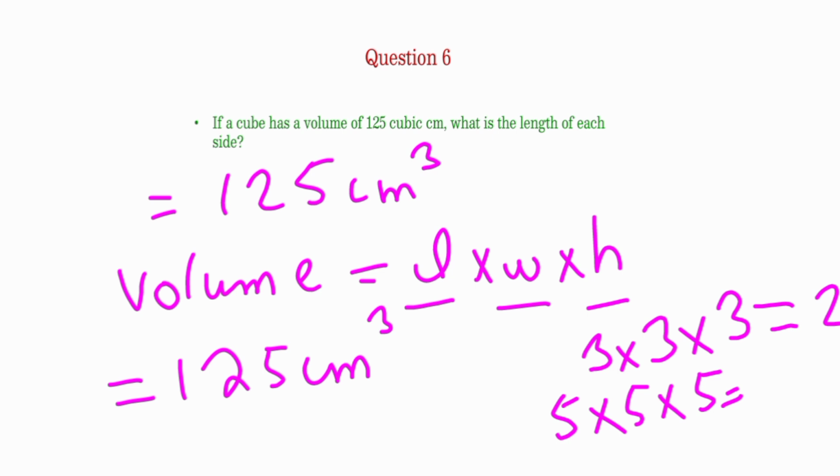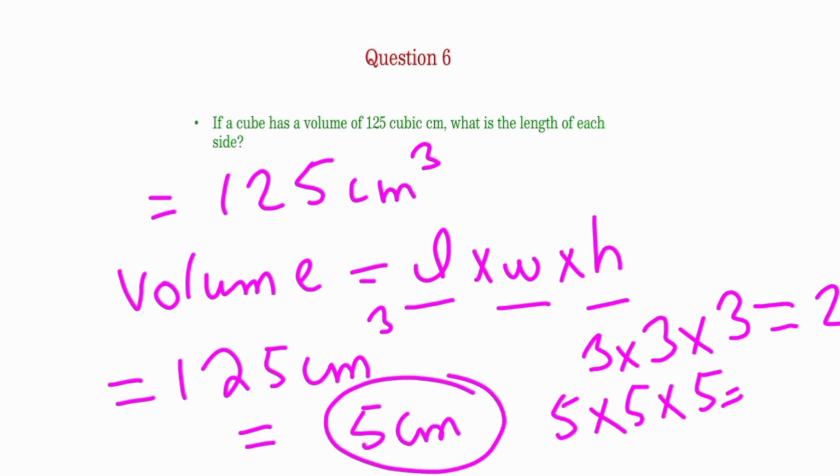It means that the length, width and height would be 5. So 5 centimeters is the length, width or height of that particular cube. Hope that was easy. Let's move on to the next question.